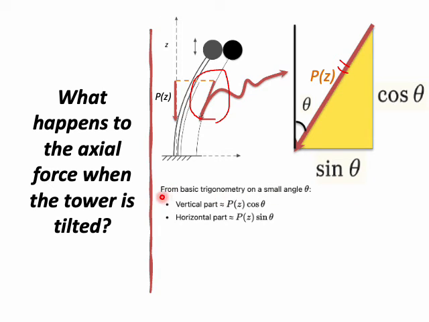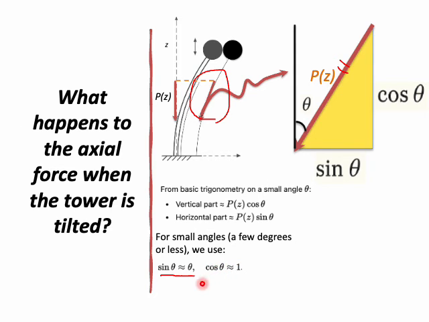From basic trigonometry on a small angle theta, the vertical part is equal to PZ multiplied by cosine theta, and the horizontal part is approximated by PZ multiplied by sine theta. For a small tilt angle, we know that sine theta can be approximated by theta. So the sideways component is then shown by this formula.